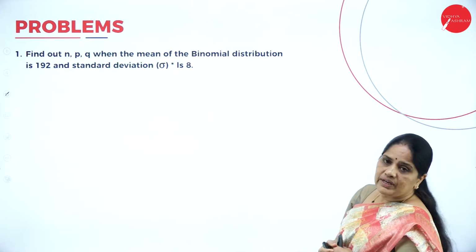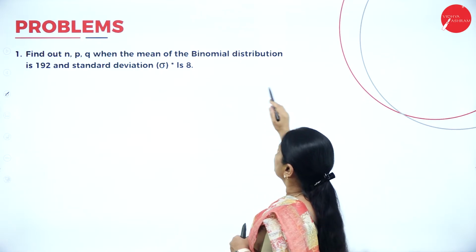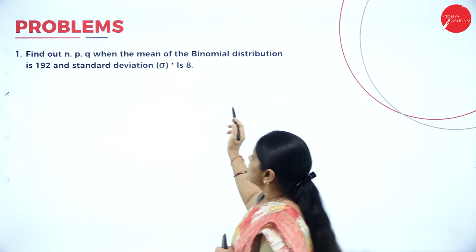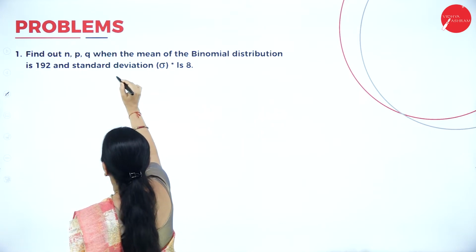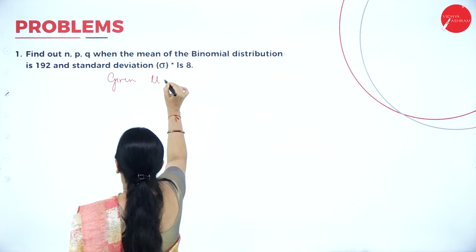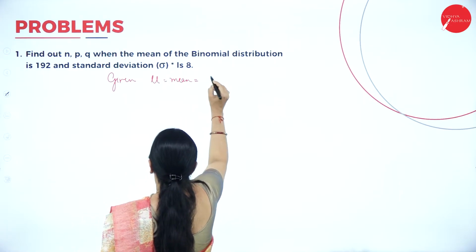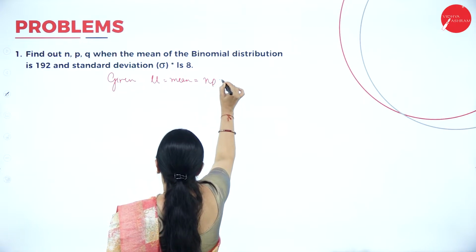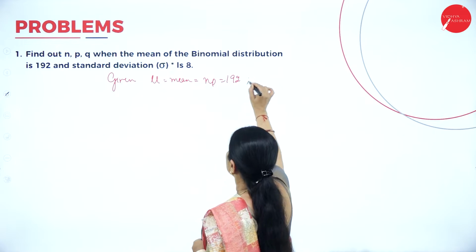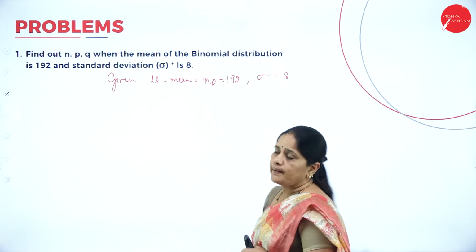Now, we'll go into the problems here. Find out n, p, q when the mean of the binomial distribution is 192 and the standard deviation is 8. So what is given? Mean equals np equals 192 and standard deviation equals 8.